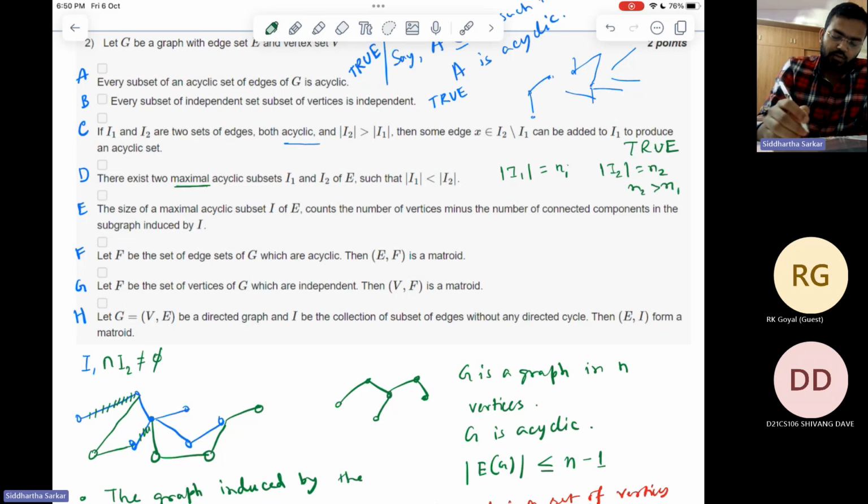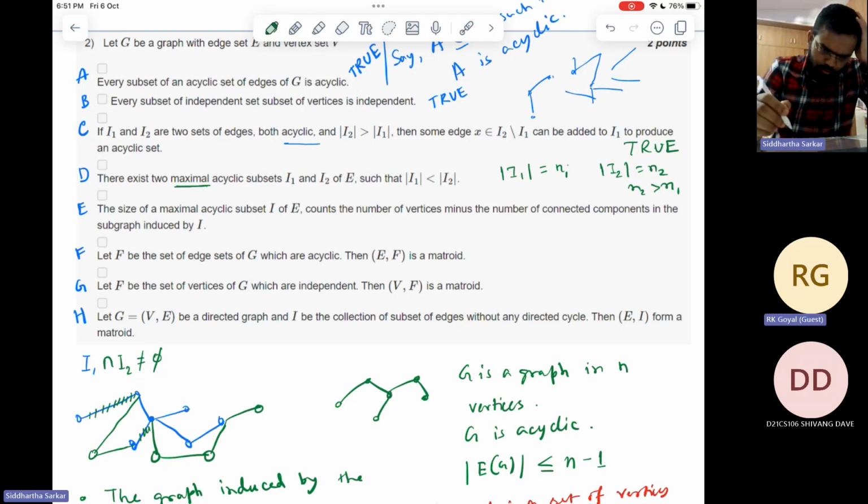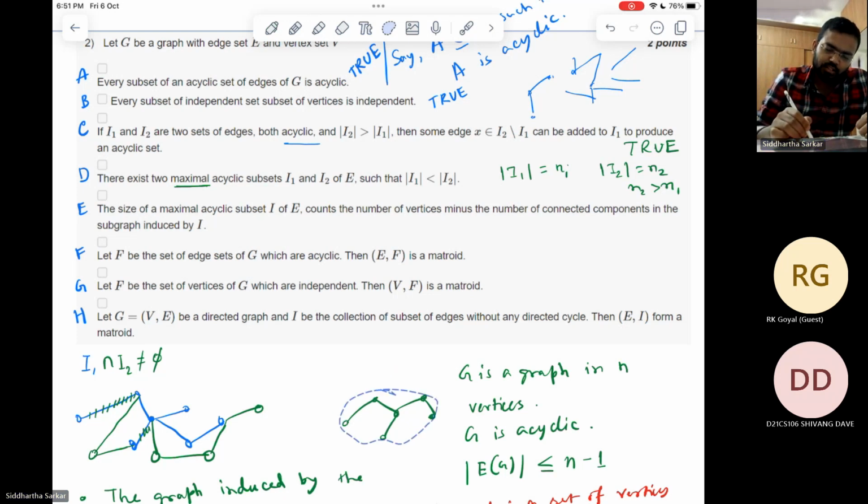And then you were trying to relate the number of vertices in the components of I1 with N1, right? Yes. And then you said something like the addition of N1 plus N2 is something. I was not able to follow, but I can help you if you just say it once again.